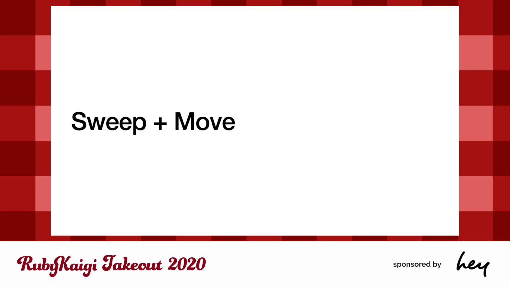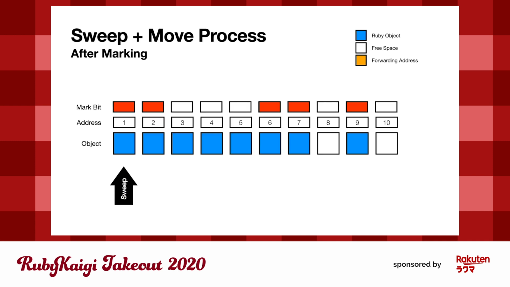Okay, so let's take a look at how to combine the sweep and move process. The sweep pointer looks very similar to the free pointer, so we should be able to combine these processes. First, let's add a scan pointer, just like we had in the compactor.